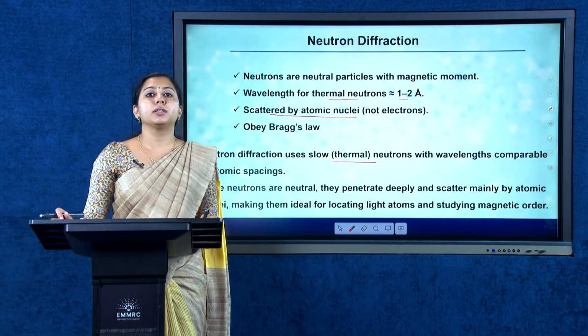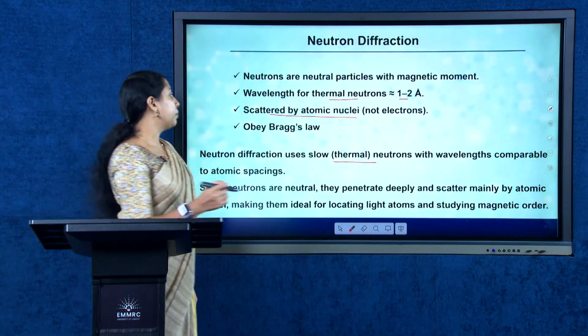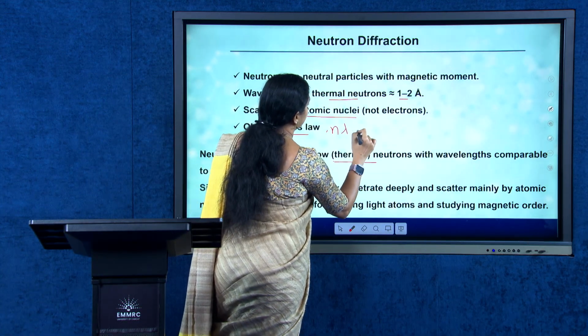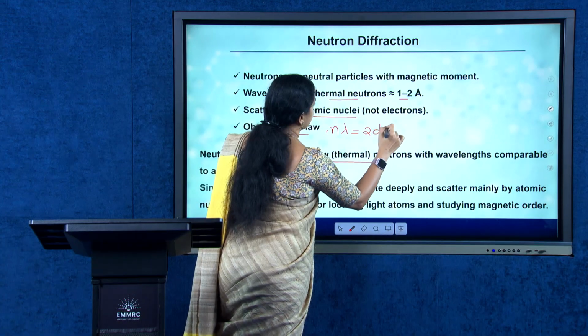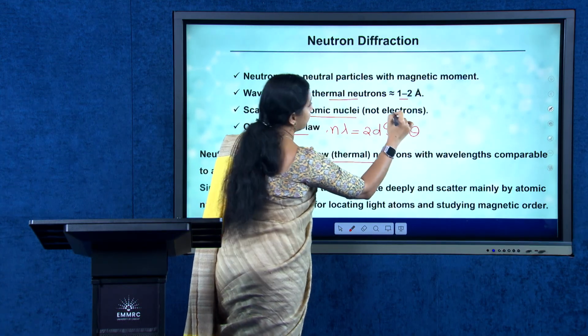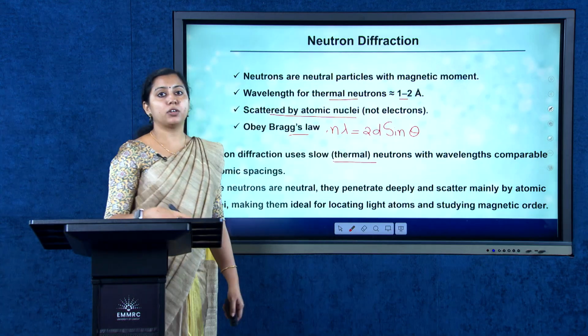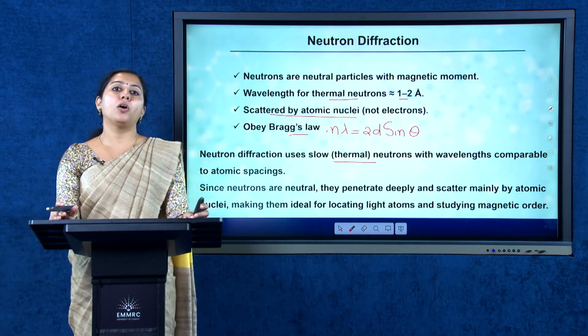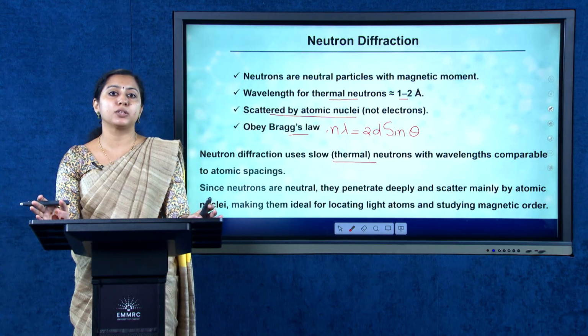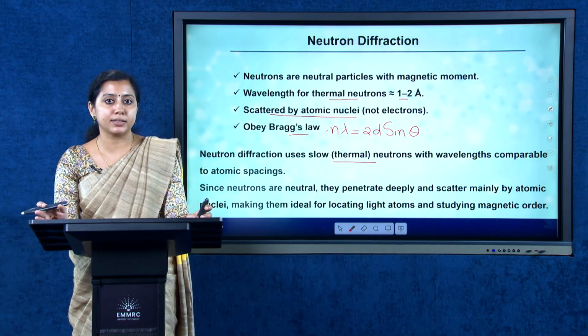Neutron diffraction is also based on Bragg's law, that is n lambda equals 2d sin theta. So, all three diffraction methods we discussed so far, whether X-ray diffraction, electron diffraction or neutron diffraction, satisfy the Bragg's law condition n lambda equals 2d sin theta.